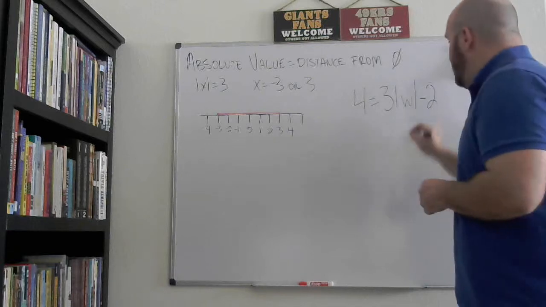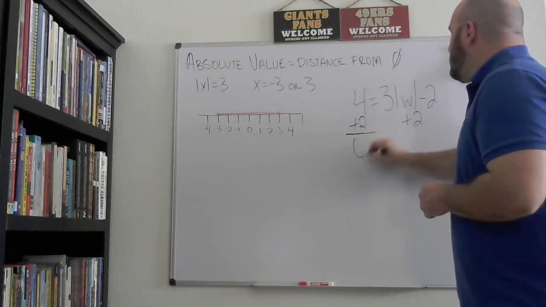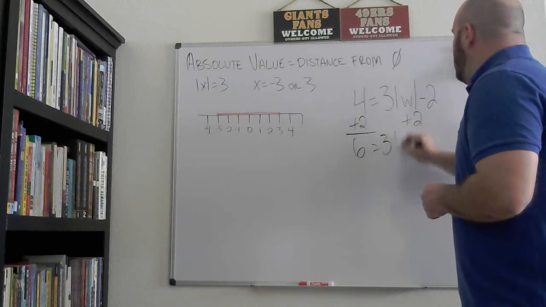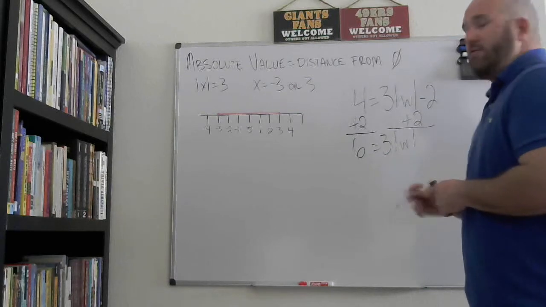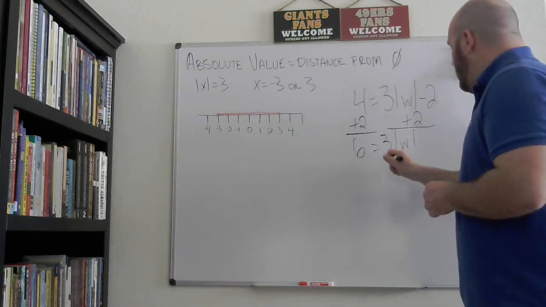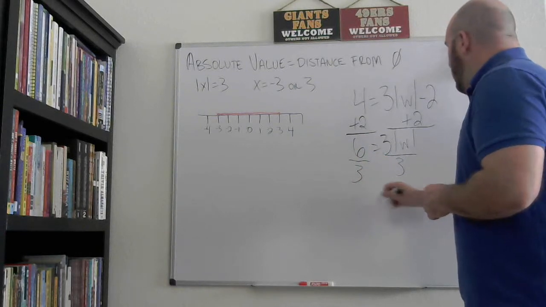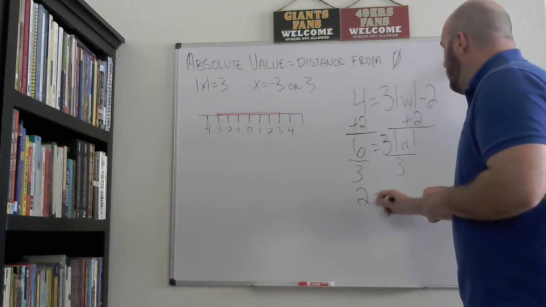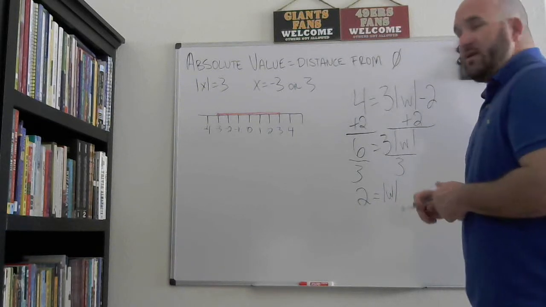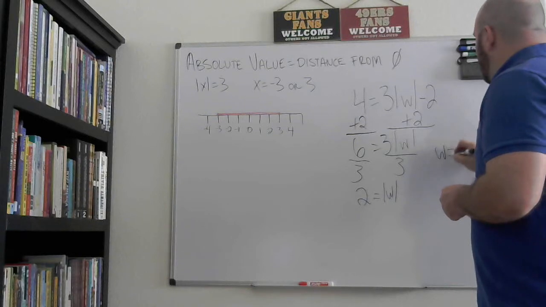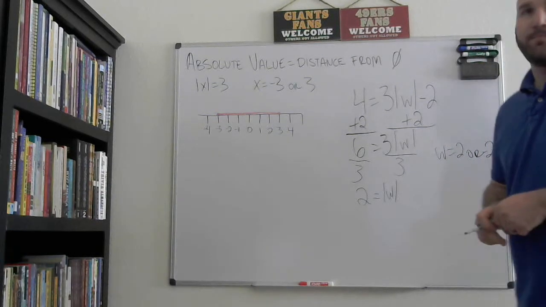So our first step, we're going to add 2. Plus 2, plus 2, 6 equals 3 times the absolute value of w. Okay? Now we need to get rid of this 3. How are we going to do that? We're going to divide both sides by 3. We know now that 2 equals the absolute value of w. So what does that mean for w? We know that it means w equals 2 or -2.